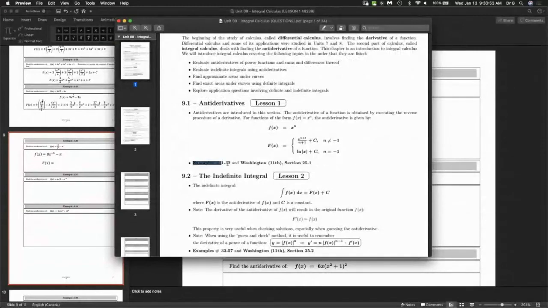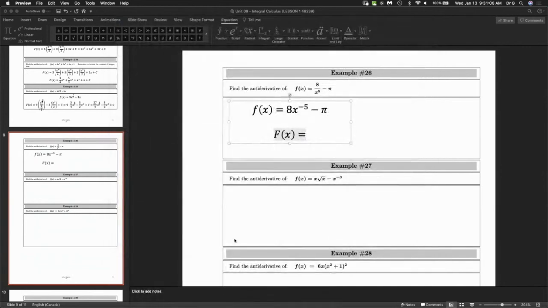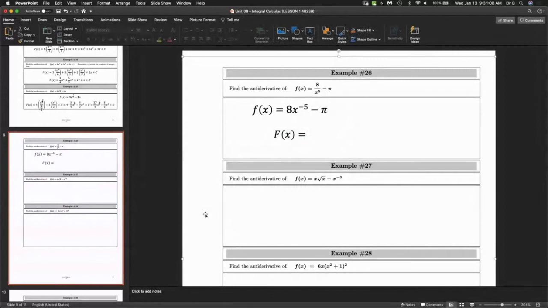See? It says here Washington 11th, and I just have the section number in there. I don't have any specific questions from the section. I just ask you to do a bunch of questions at your leisure. So try to pick a variety of questions from that section. MyLab and the textbook have so many questions that the more you do, the better.